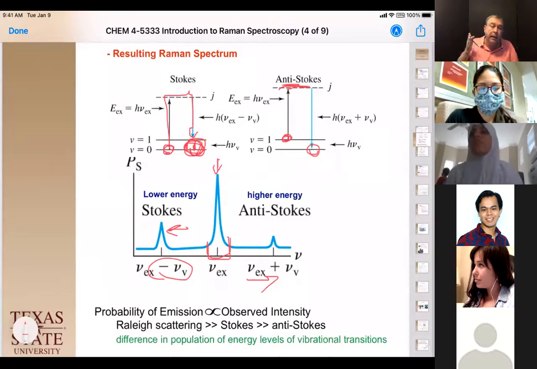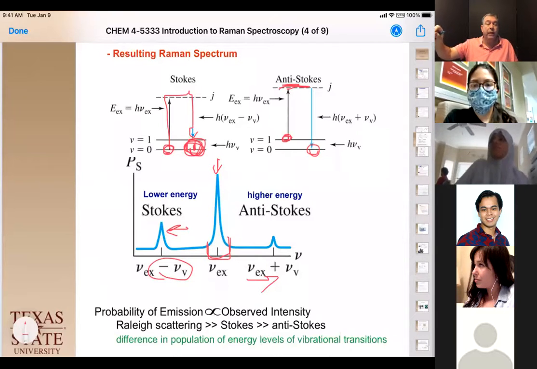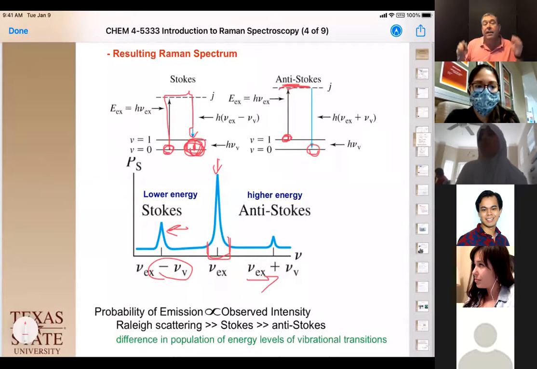So let's say we're hitting it with 500 nanometer light. What we're hoping to see scattered out of it is something that's a little bit below 500 nanometers, giving us our Stokes energy shift. If the light we're seeing out the side is 500 nanometer light, then that's Rayleigh scattering and doesn't tell us anything.